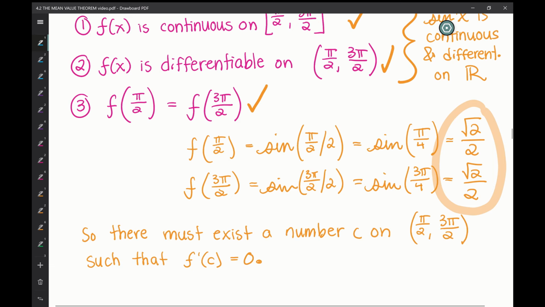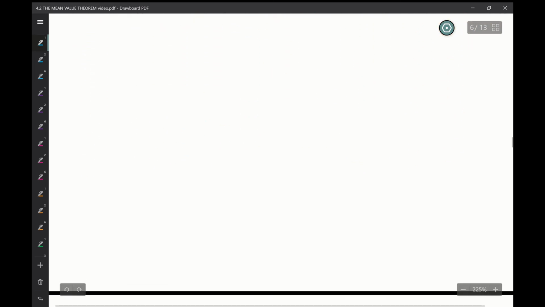To do this, we'll start by finding the derivative of f of x. F prime of x is equal to the derivative of sine of the quantity x over 2, which will require us to use chain rule. The derivative of sine is cosine. So we have cosine of x over 2 times the derivative of x over 2, which is 1/2.